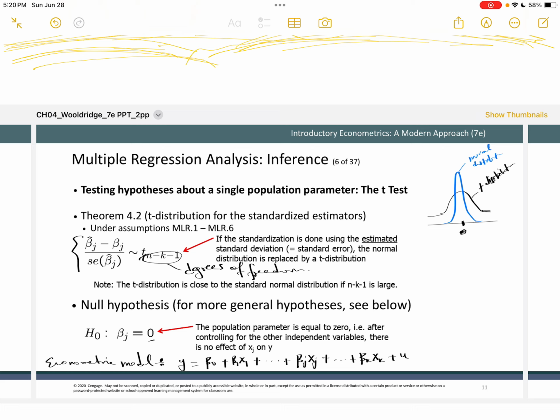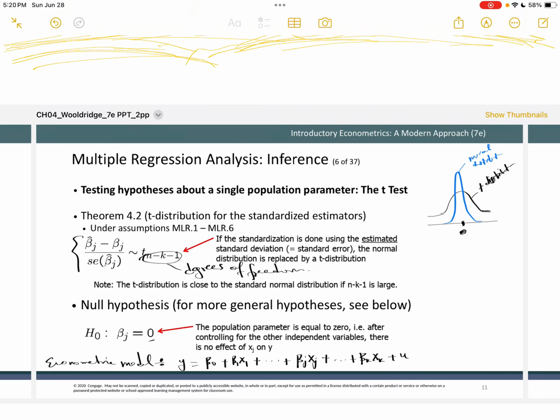So, the first thing that you need to know about hypothesis testing is we need to state the null hypothesis. We need to state the baseline. And what is the baseline?